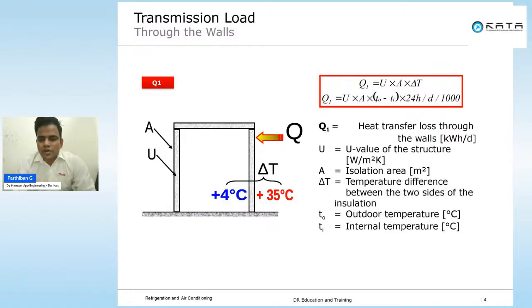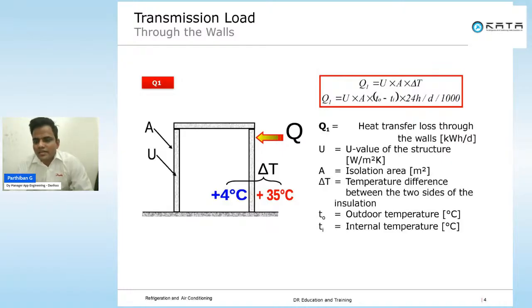The first formula to calculate this transmission load is Q equal to U A delta T. Q is the heat load which is entering because of transmission. U is the heat transfer coefficient of the wall material. If you are using polyurethane foam or rock wool panel, each and every material will have a U factor, which we call the heat transfer coefficient.